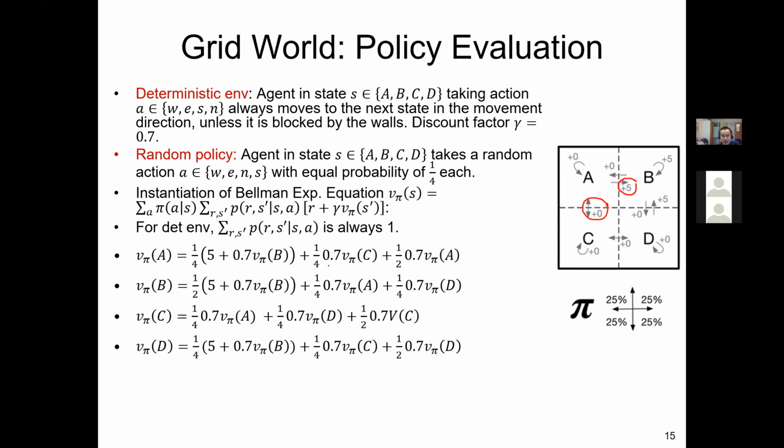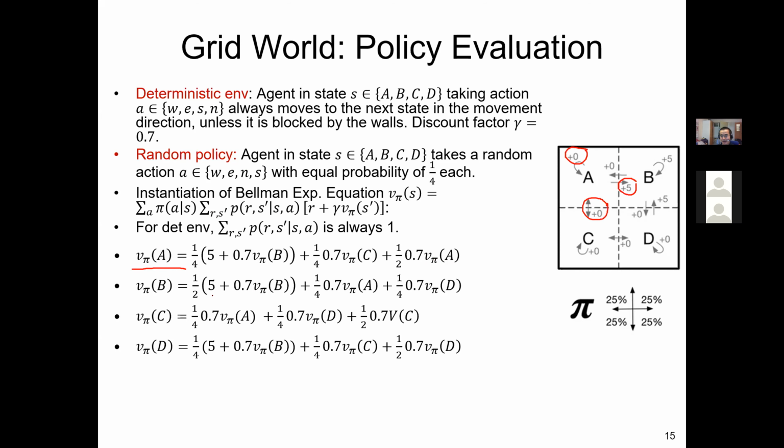And that's 0 plus 0.7 times V pi of C. And then if you go north or west, you hit the wall and you stay where you are. So you get reward of 0, that's the self-transition, plus 0.7 times V pi A. You go back to A. So that's the instantiation of the Bellman equation for the A state.